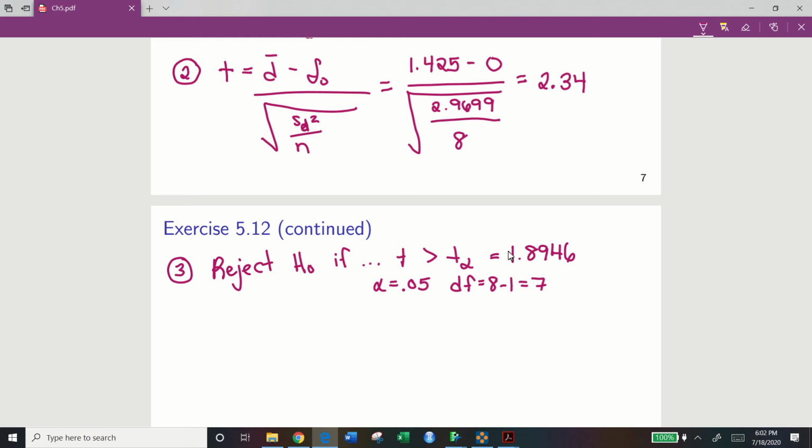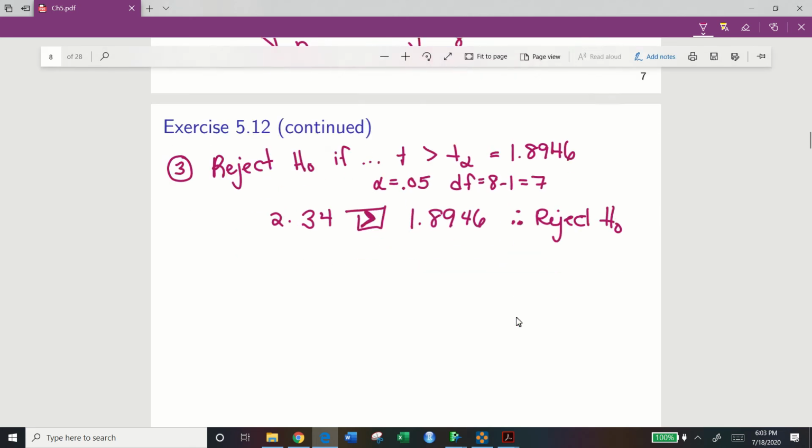If we compare our test statistic of 2.34 to our critical value of 1.8946, we can see that our test statistic is clearly greater than. So therefore, we will reject our null hypothesis, which, as statisticians, generally speaking, rejecting the null hypothesis is what is desired. So we're happy people right now.